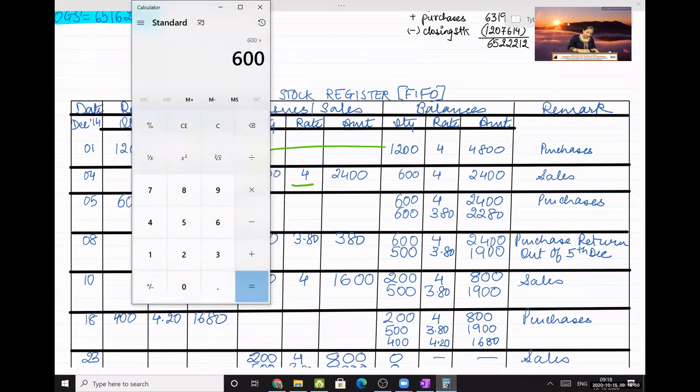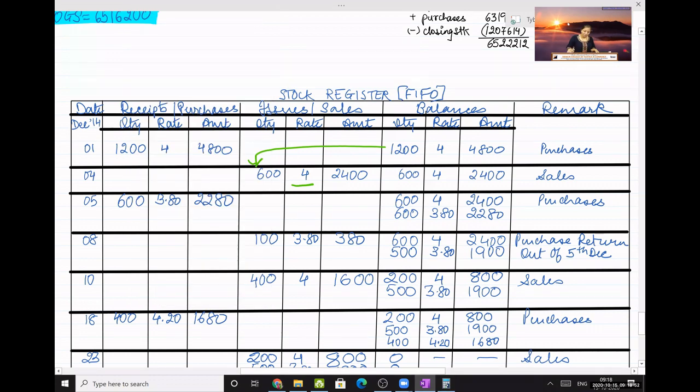Multiply 600 into 4, 2400. Whenever there is a sale, the quantity will be reduced. So I subtract: 1200 minus 600 is 600 in the balance column. On the evening of 4th December, I will have closing stock of 600. So the balance column indicates the closing stock for that date. In the remark column it will be sales.